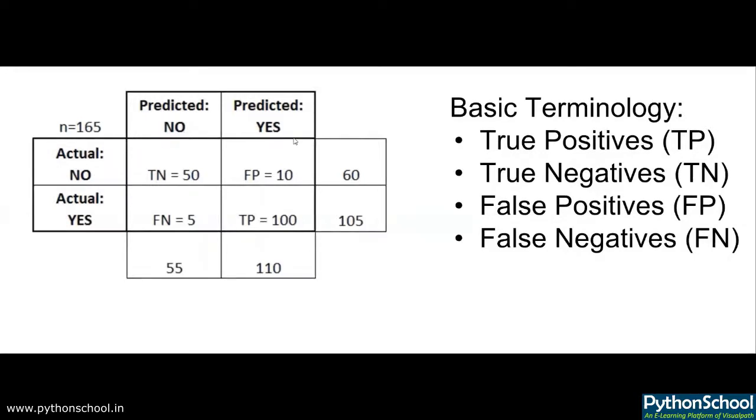The false positive is where we predicted they have the disease, and in reality they do not have the disease. This is also known as type 1 error. The last one is false negatives, where we predicted no, they do not have the disease, and in reality they had the disease. That's known as a type 2 error.